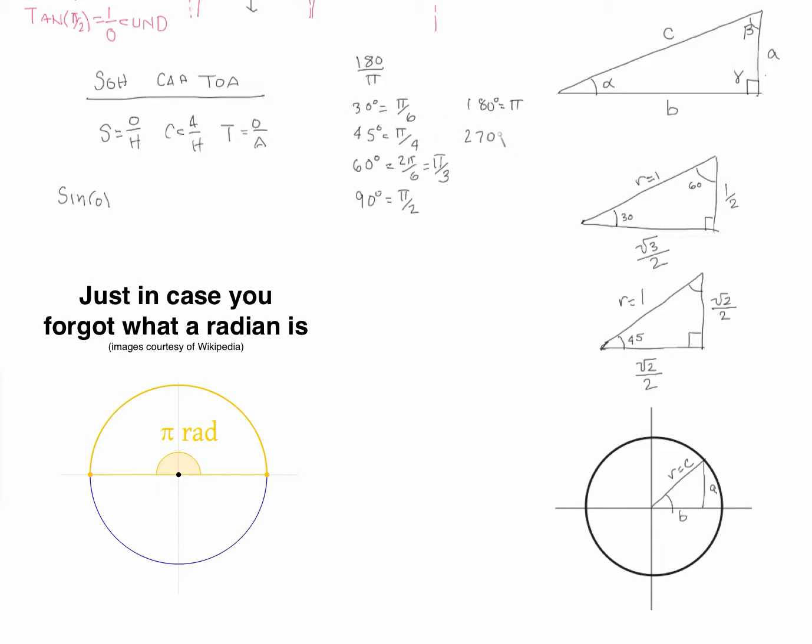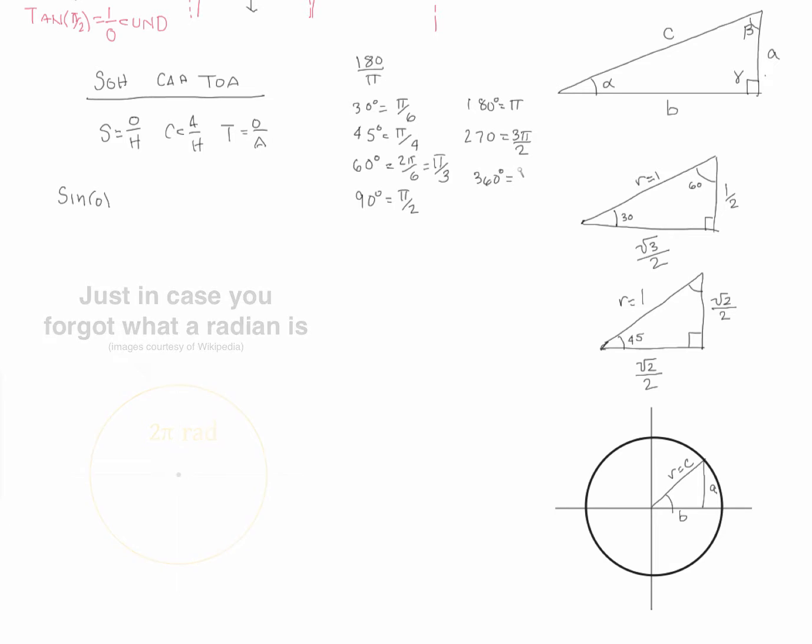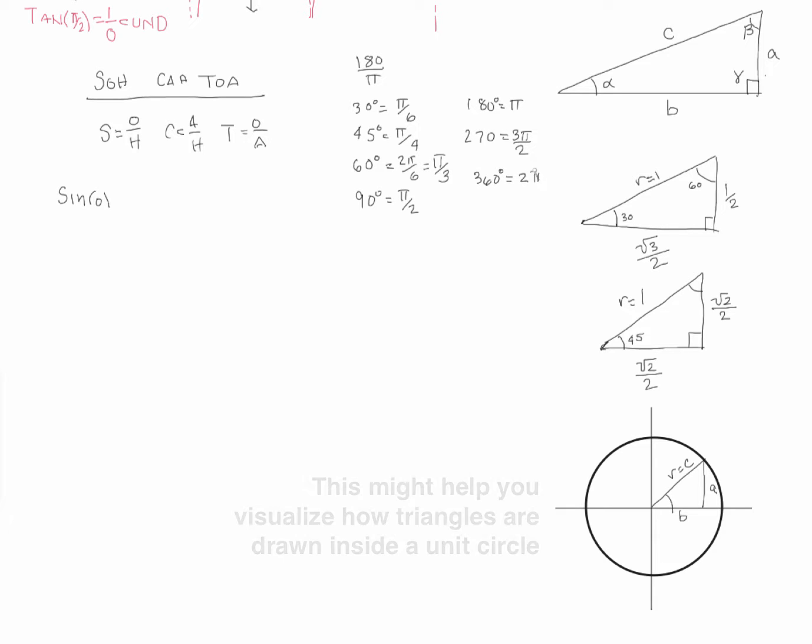So there's more, but I'm just going to hurry up. That's 3 pi over 2, and 360 degrees is 2 pi, or 0.